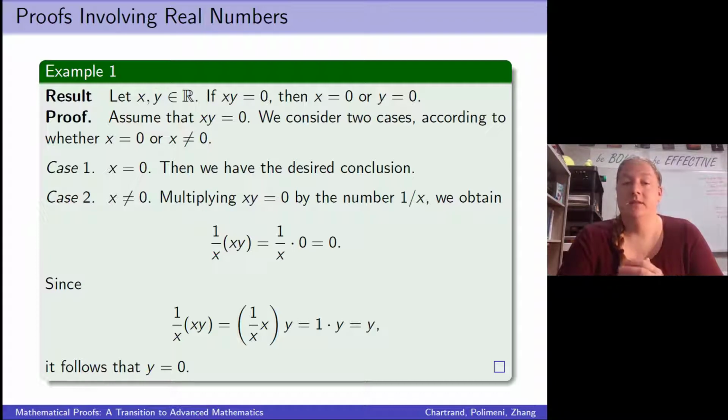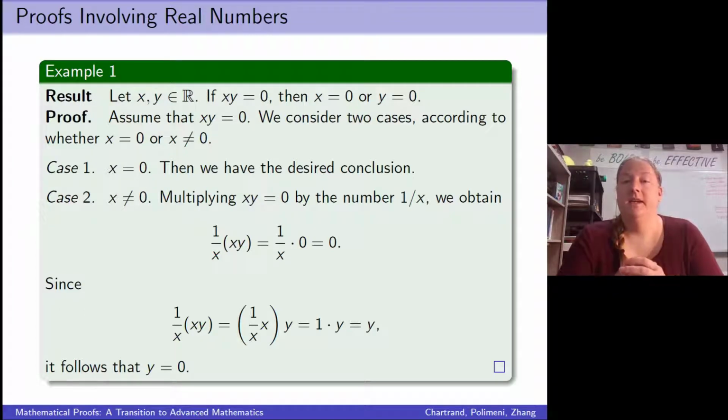When x is not 0, then we are assuming that xy equals 0. So we can multiply both sides of this equation by 1 over x. And when we do so, on the right-hand side, we'll end up getting 1 over x times 0, which is 0. And on the left-hand side, I'll get 1 over x times y.